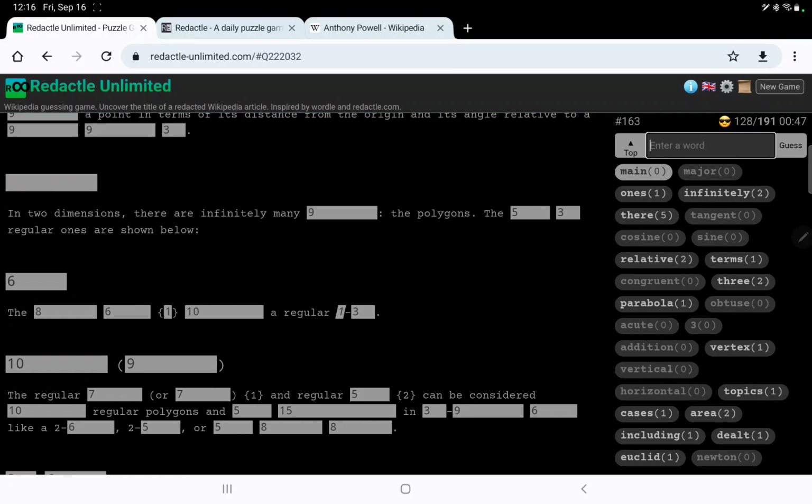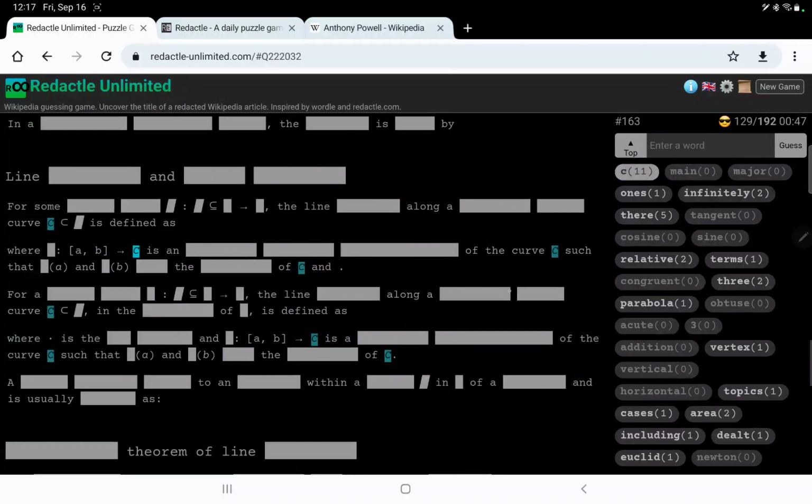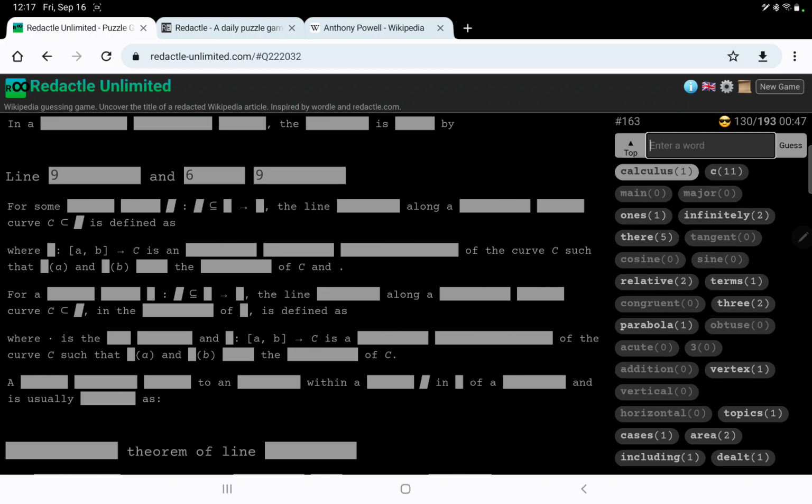Let's try some other letters. Did I do C? Oh, we have 11 C's. Oh, okay. In line 9 and 6, 9 is calculus. Only 8 letters. We do have one calculus. Hmm.